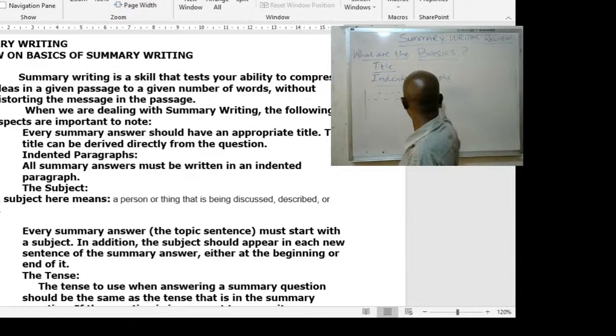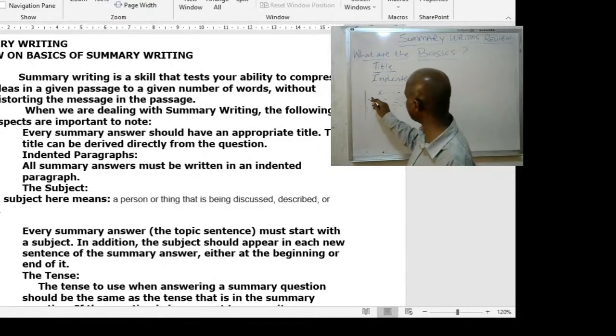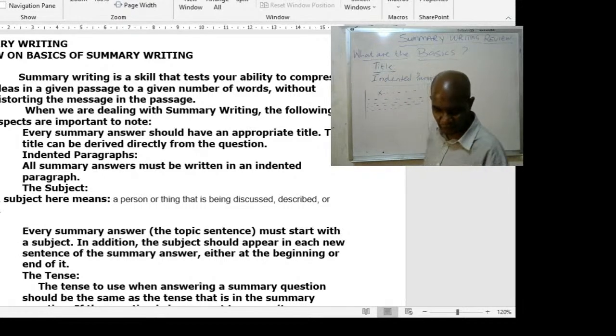If this is your page, we expect you, where you see this X and all this space is empty, that's an example of an indented paragraph. It should start a few inches from the left-hand side margin. Don't write block paragraphs in summary. So when we're dealing with indented paragraphs, that is the sample.